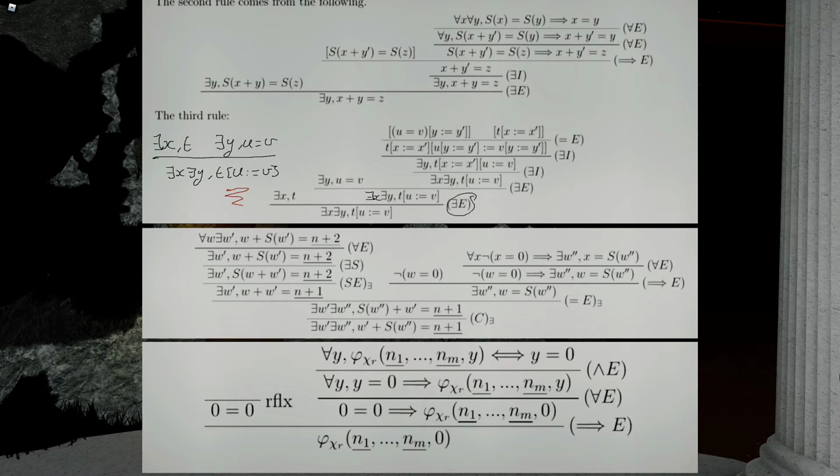So the point is with this x, let me use a different color. So the point is with this existential elimination, I'm taking this as a hypothesis up here. So that's my witness. And then for this existential elimination, I'm taking this thing and putting it up here. So that is my witness. And then the point is I'm not allowed to use the same y inside the existential quantifier as inside the witness.